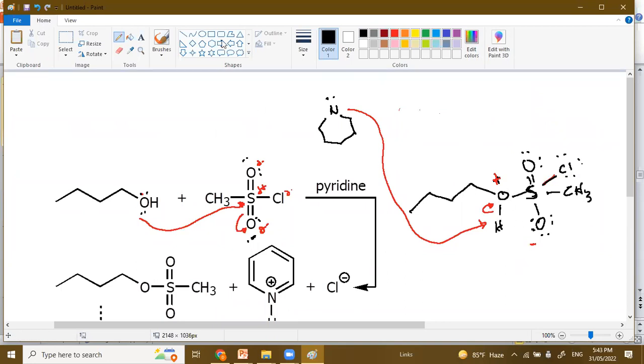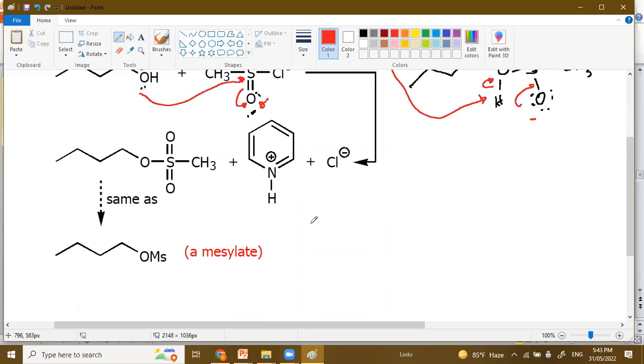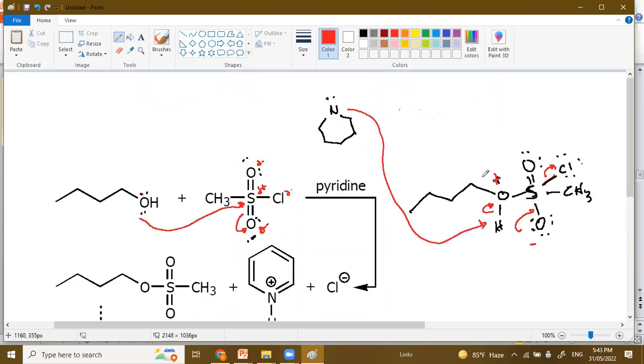But what happens is that the oxygen, having a negative charge, you'd need to disperse that one. So it comes back here, and this one will leave. So what happens? You will have this one, SO2. So it's 2 steps, actually 2 steps.